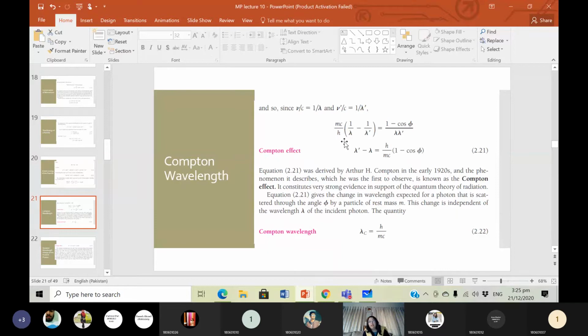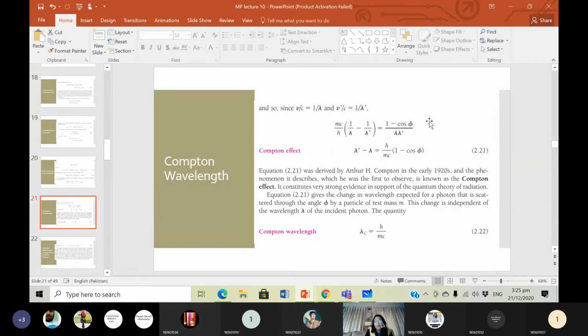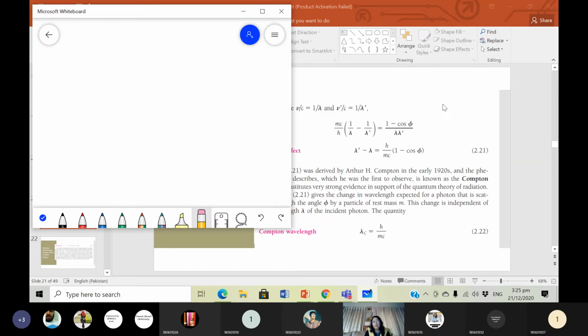We will get mc over h is equal to 1 over lambda minus 1 over lambda dash is equal to 1 minus cos phi divided by lambda dash. And then if we rearrange this equation, we will get equation 2.21.